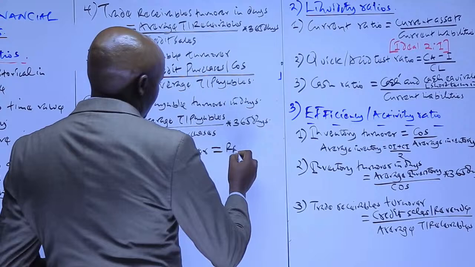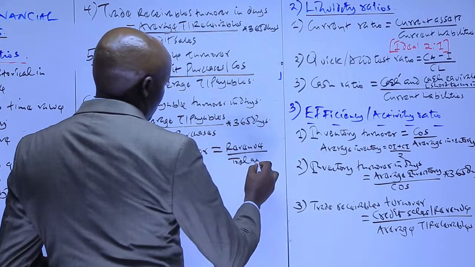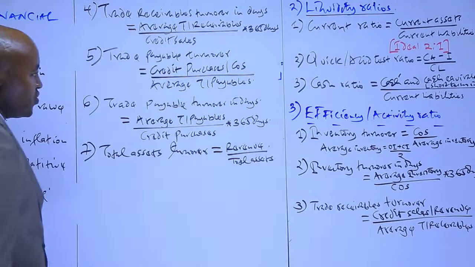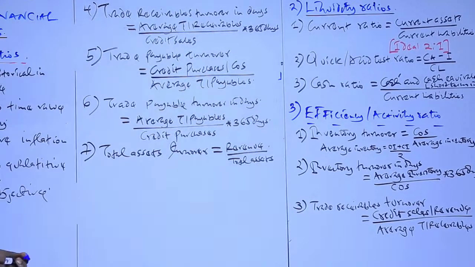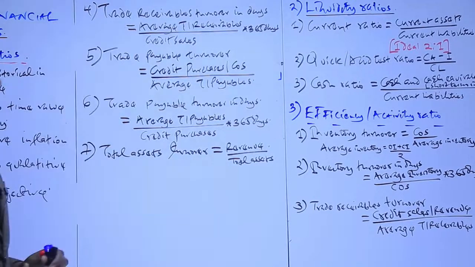Remember, revenue is the same as the sales. We divide that with the total assets. So those are the various efficiency or activity ratios which may be computed by a company to evaluate how well the company is using its assets to generate a profit.